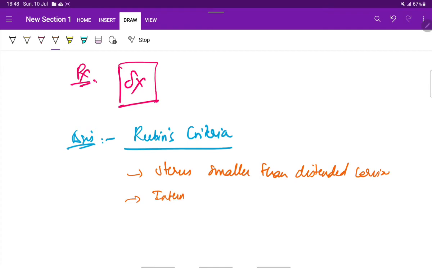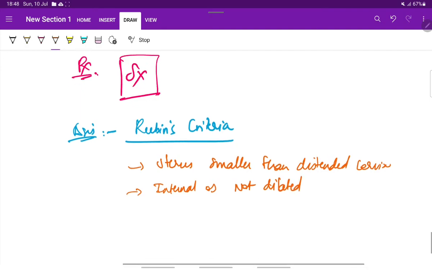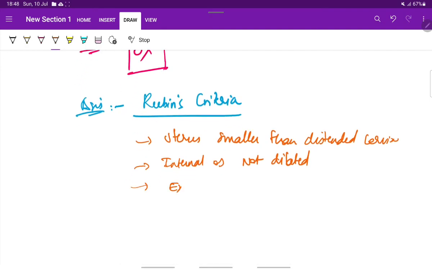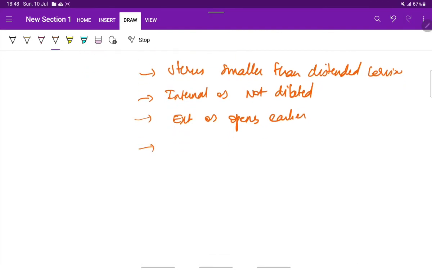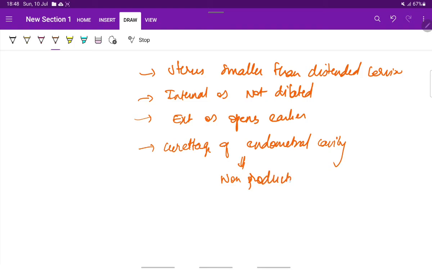The internal os is not dilated, whereas the external os opens earlier than in spontaneous abortion, and the curettage of the endometrial cavity is non-productive of placental tissue. That is, there is no placental tissue in the curettage of the endometrial cavity.